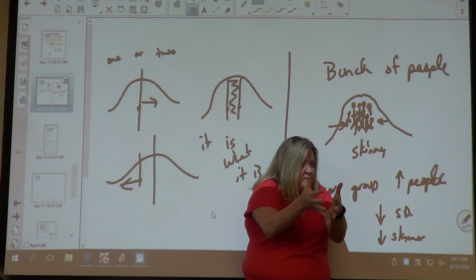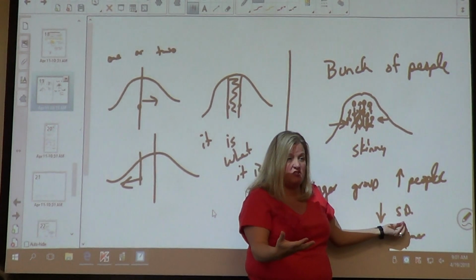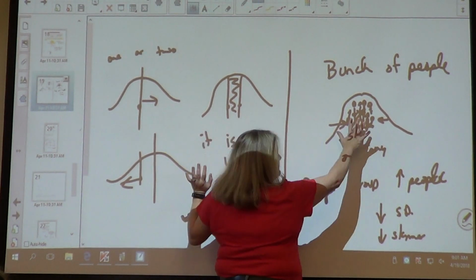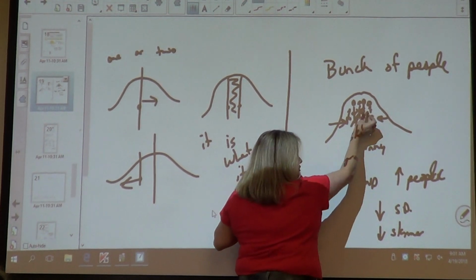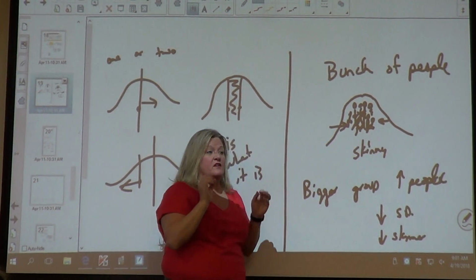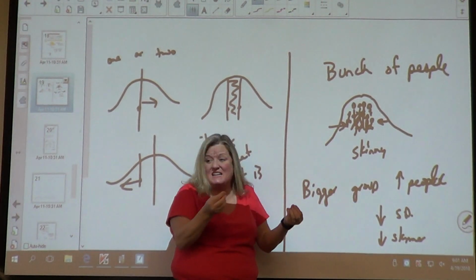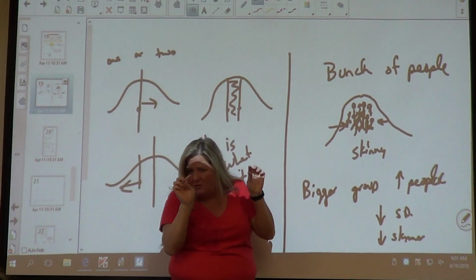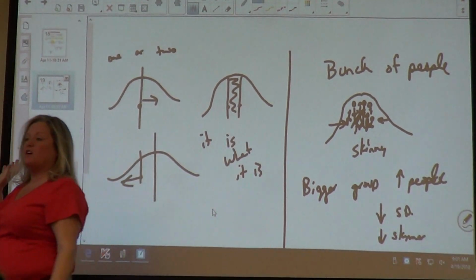You with me? So the more people, the skinnier they are, the smaller their standard deviation. So when you put people in a group, what's going to change is the size of the person. If I put enough people in there, they're going to look like ants. If you put 1,000 people in there, they're going to look teeny tiny. You're going to say, where am I? All I remember is where I was standing. So that's what we're going to be doing in this.